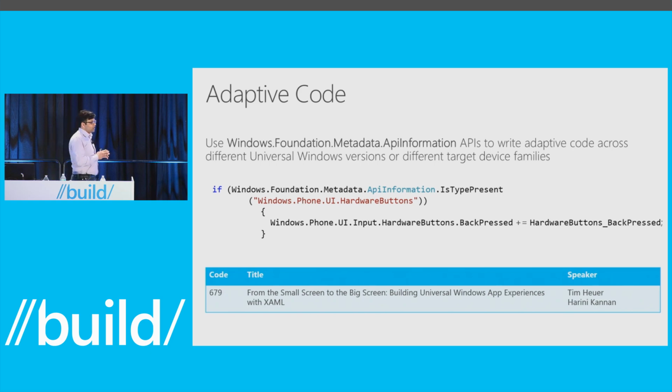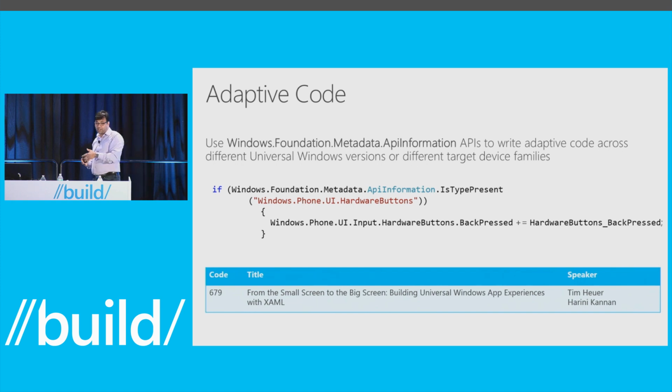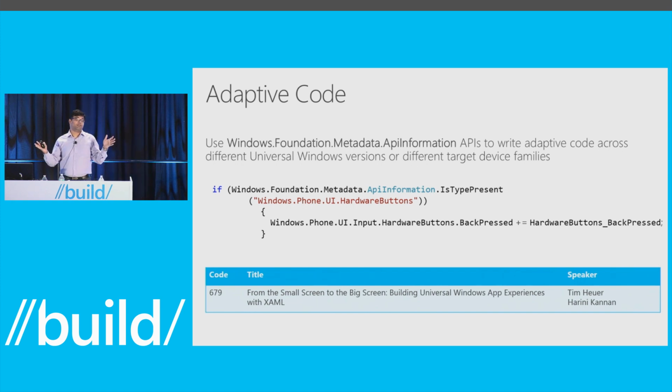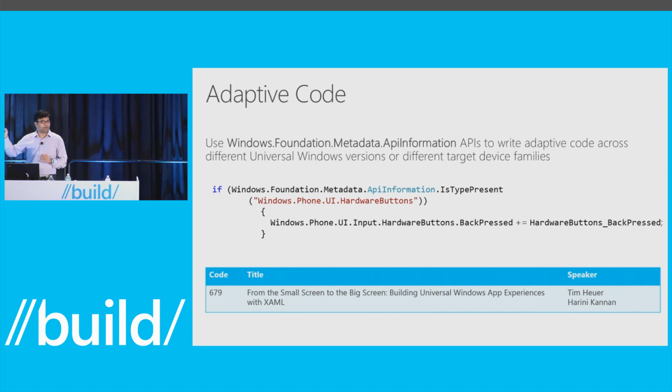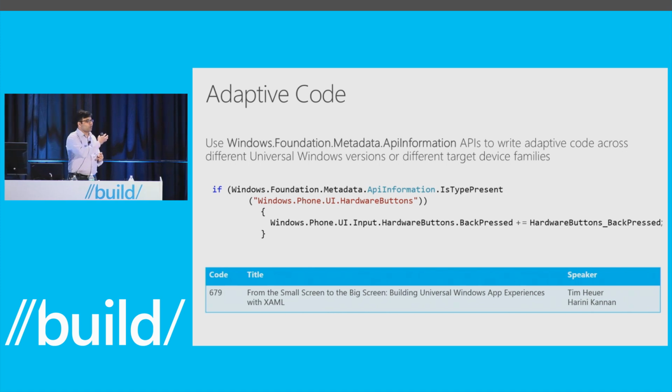They have introduced adaptive triggers, which are integrated as a part of Visual State Manager, to the extent that you can create totally different XAML files and load them based on the devices that you are running on. It's a pretty interesting topic, and if you are interested in adaptive UI, we strongly recommend you attend this session, and they will be covering it in depth.